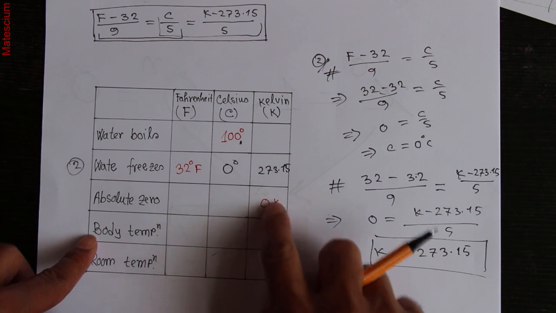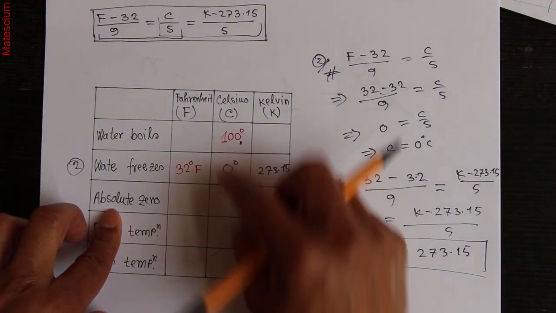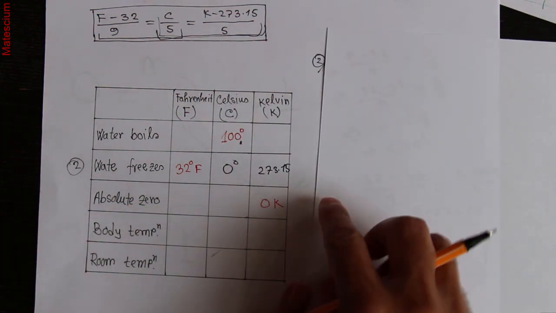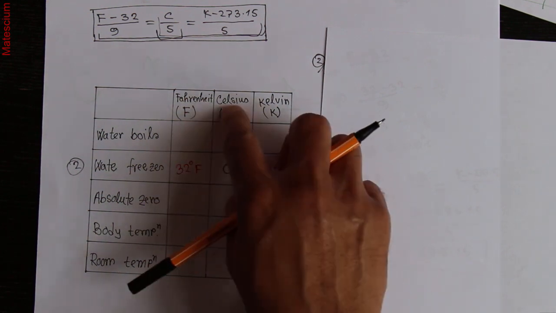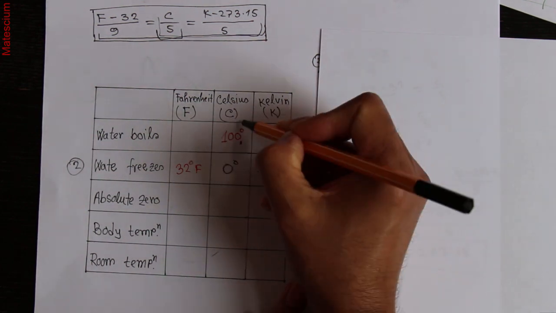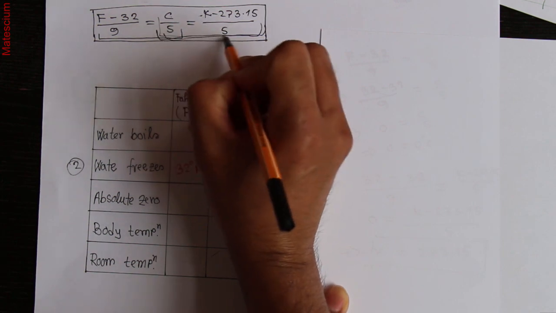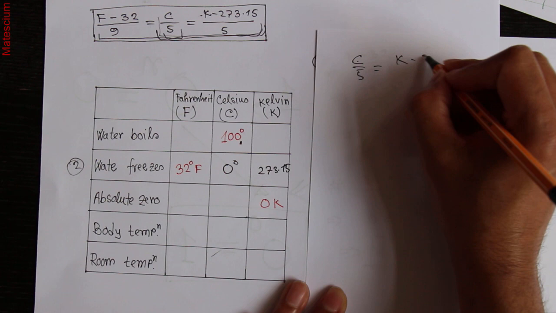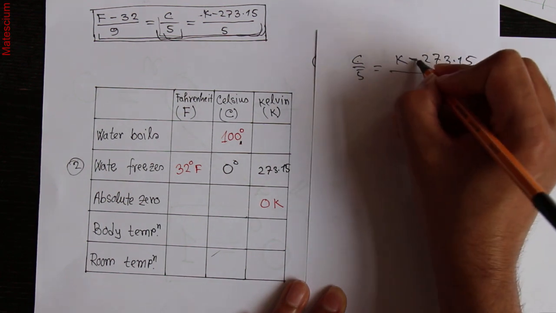273.15. It's given that 0 Kelvin is the absolute zero temperature. So what is the absolute zero temperature in Celsius and in Fahrenheit? If I say the absolute zero temperature is 0 Kelvin, how much is 0 Kelvin in Celsius and Fahrenheit? So let's convert this 0 Kelvin into Celsius. That means Celsius and Kelvin. First use this part of the formula, exactly this part: C over 5 equals (K minus 273.15) over 5.